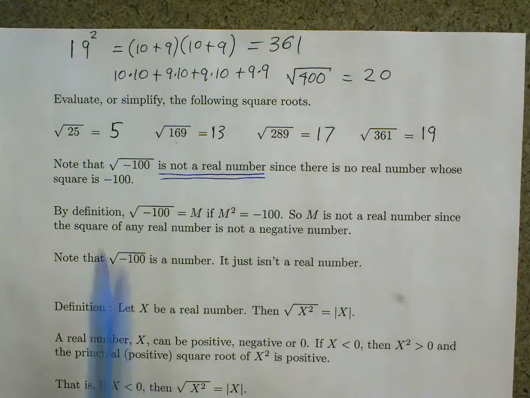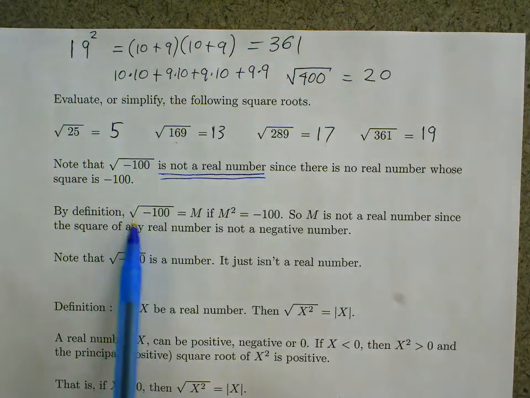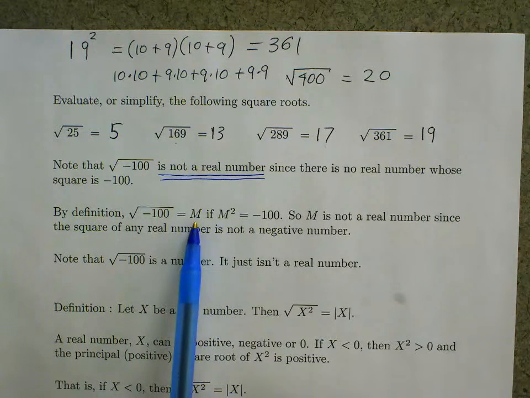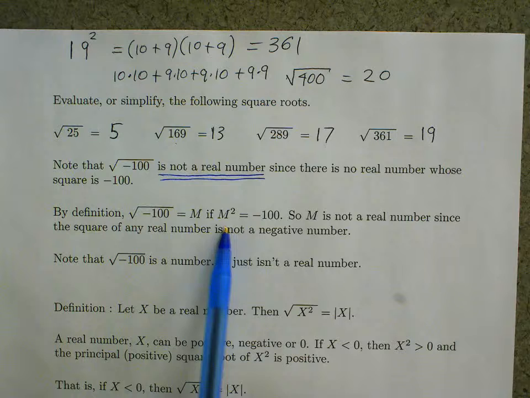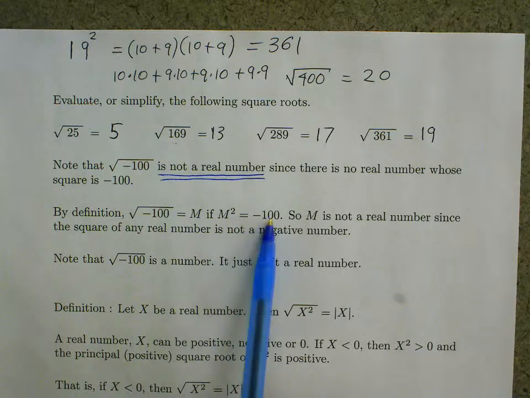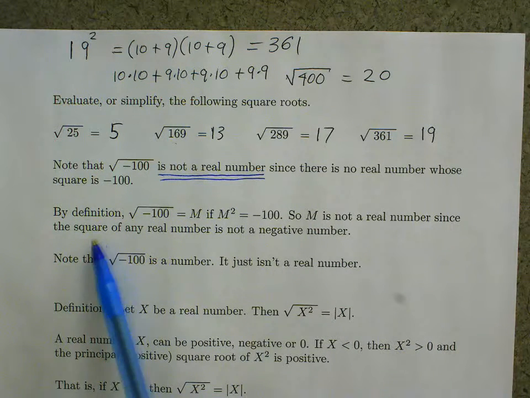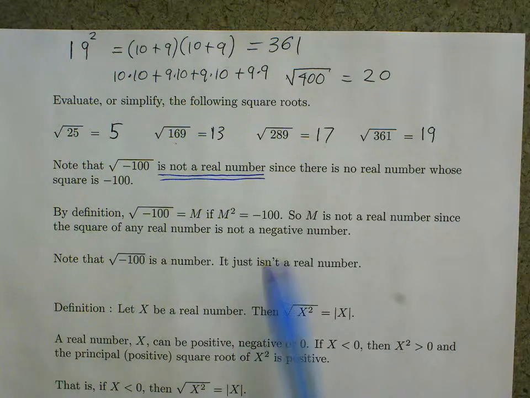By definition, the square root of negative 100 equals m if m to the second power equals negative 100. So m is not a real number because if you square a real number, you never get a negative number as a result.